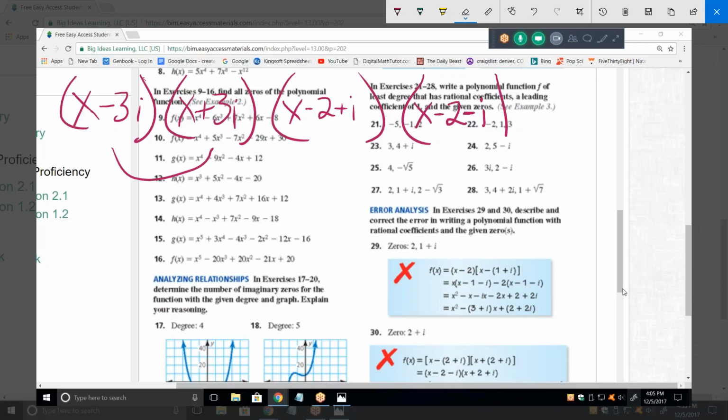So the first one are x squared. Remember, you can ignore the two middle terms. You don't even have to do the math. Just get the last term.